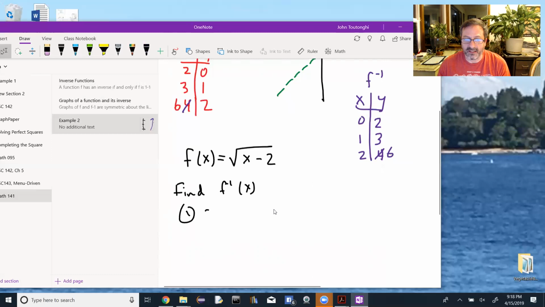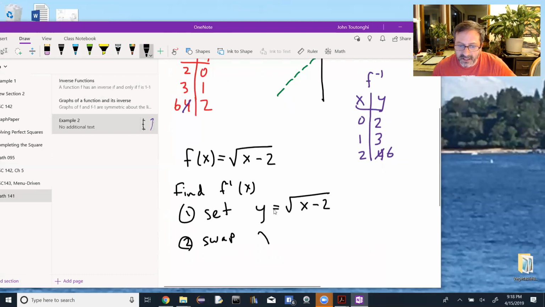So step 1, set y equal to the function. Step 2, swap x and y. So this becomes an x equals the square root of y minus 2. Step 3, solve for y.